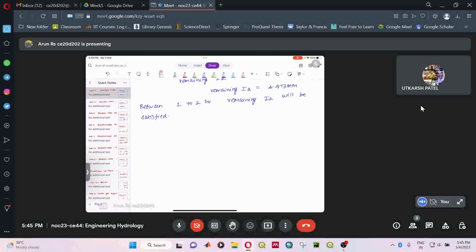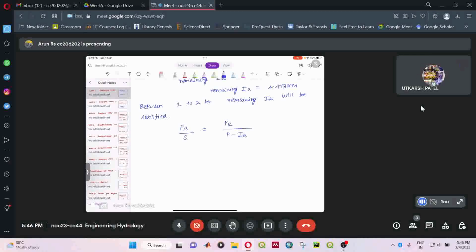So I will write the equation first. How we derive the curve number equation is, initially we'll be starting with the ratio like this: FA divided by S is equal to PE divided by P minus IA.